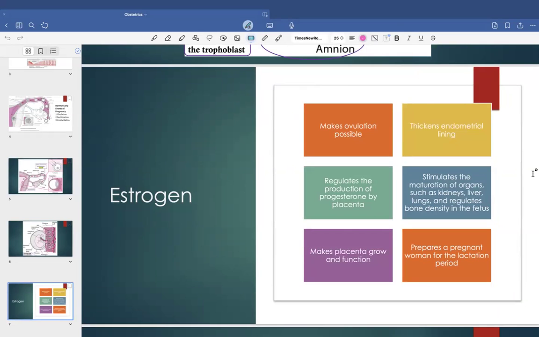It also causes thickening of the endometrial lining. It regulates the production of progesterone by the placenta. It acts on receptors in the placenta, signaling pathways to increase the production.